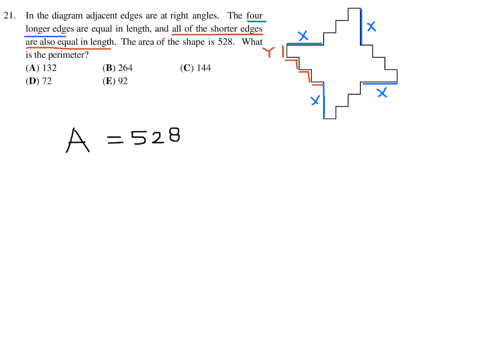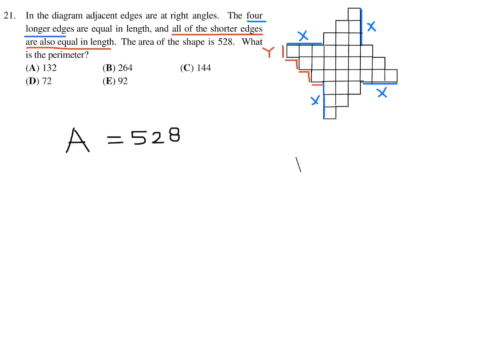Now what I'm going to do is divide this shape into smaller squares, like that. And the hope is that when I drew all those lines in, it made you realize that this shape can be broken up into identical squares.